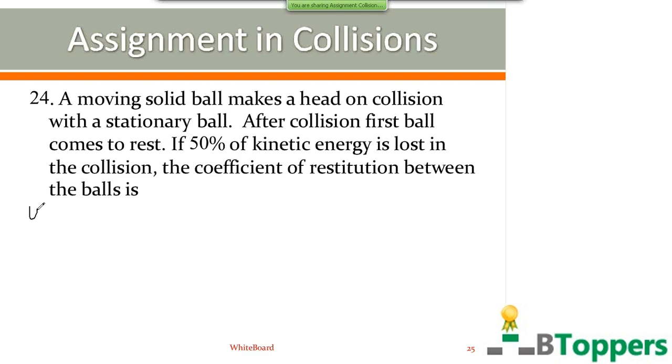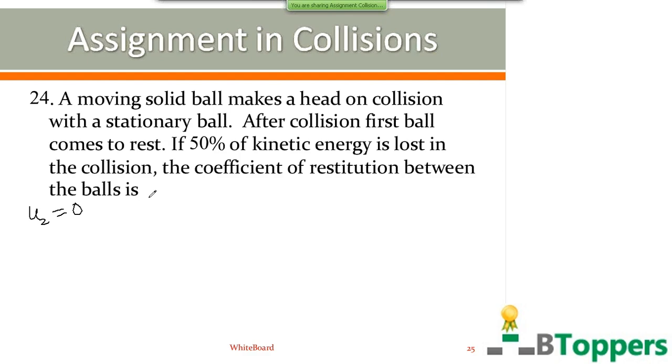So the second ball is initially at rest, so initial velocity of the second ball, u2, is 0. You are not given the initial velocity of the first ball before collision, and you are not given the ratio of the masses of the two balls.